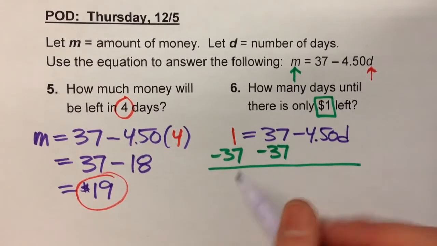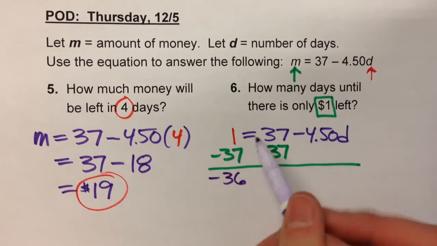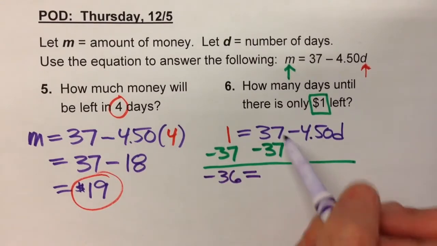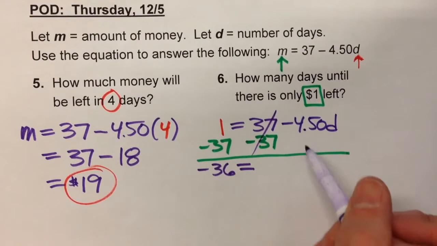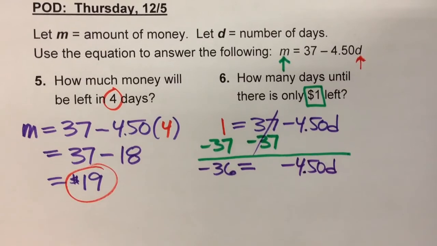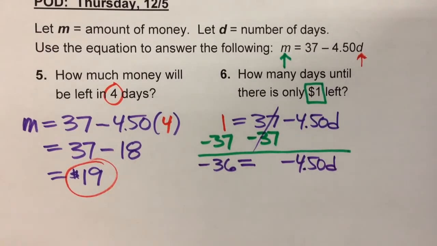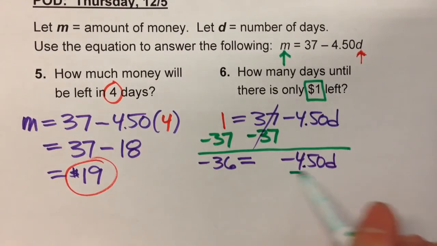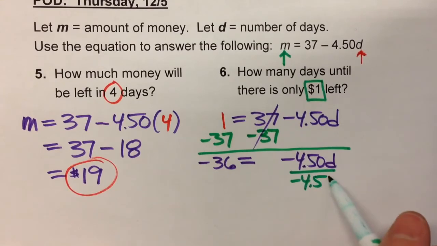1 take away 37 is negative 36. Equals drops down. The 37s undo each other. Negative 4.50d drops down. And to undo that, we're going to have to divide both sides by negative 4.50.